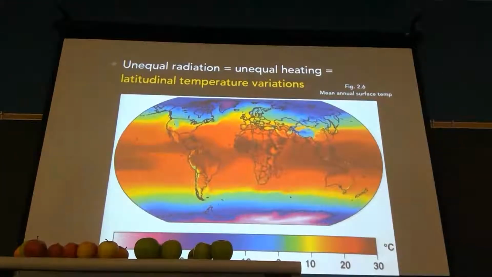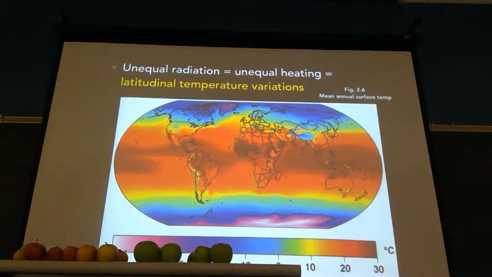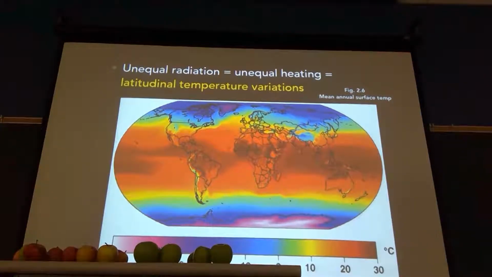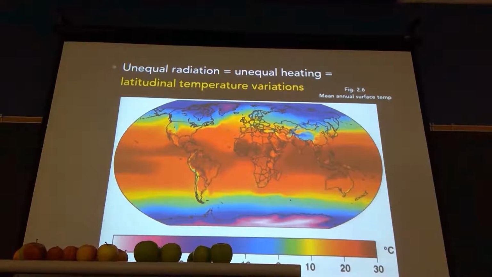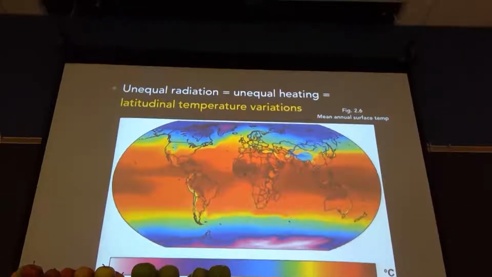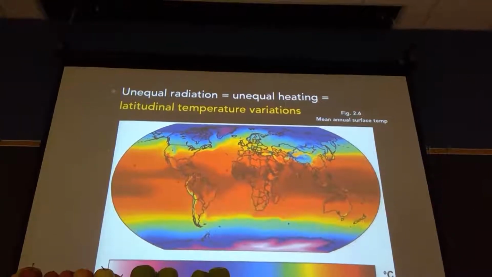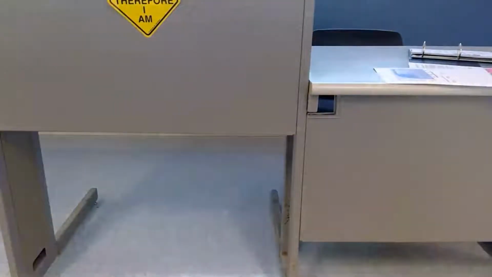All right. Because we have different amounts of radiation, the immediate impact of different spots receiving different amounts of radiation is that there are different amounts of heating that take place. And this means that because radiation varies over the surface of the Earth, temperature varies. Okay, we get different amounts of solar radiation. The first impact of that is that different places on Earth are going to be different temperatures.